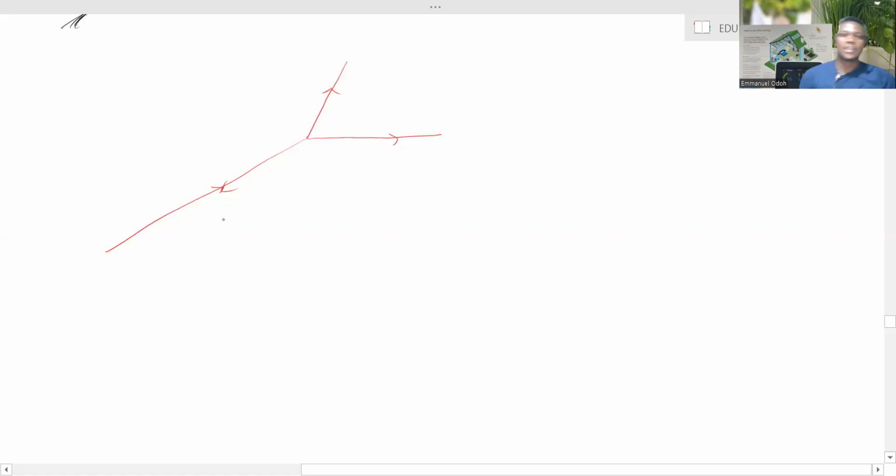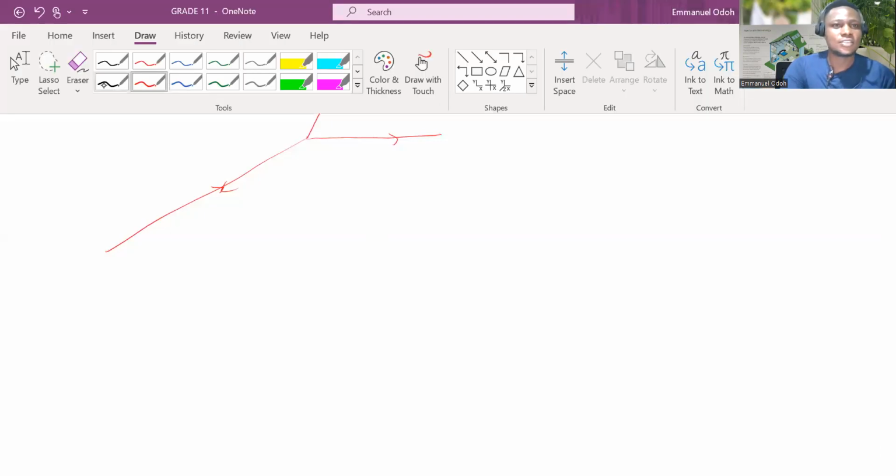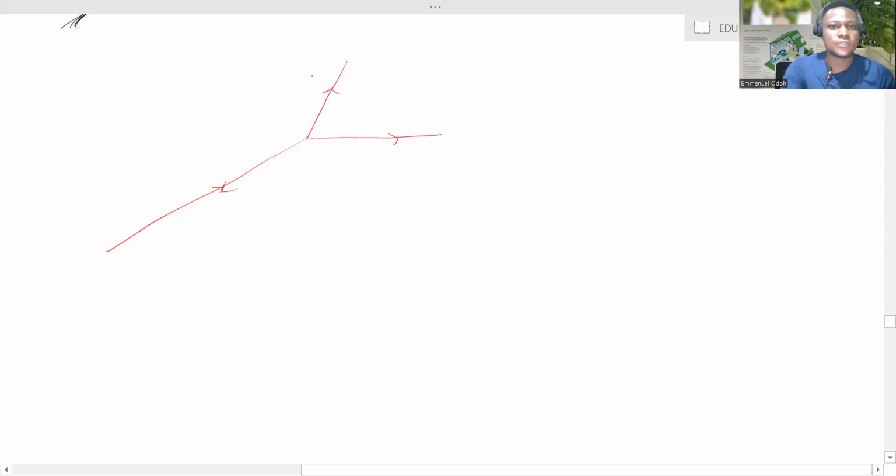How do we draw the triangle of forces here? Remember, you draw your lines parallel to each force. This is F1, this is F2, and this is F3. So let me draw my F2. It should be parallel to this one. This is my F2. You can see it's parallel.